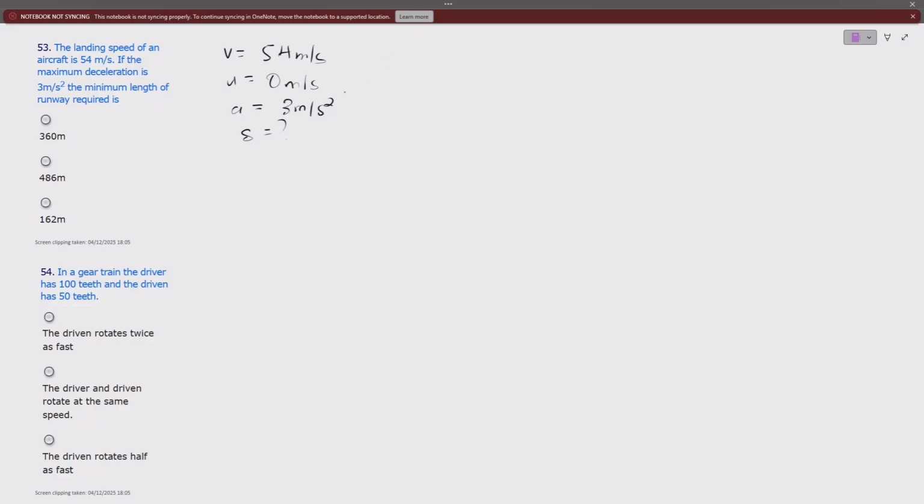So looking at the parameters, you're going to use the formula v squared equals u squared plus 2as. If you make s the subject, you're going to get v squared minus u squared divided by 2a. That is going to give you 54 squared divided by 2 into 3.